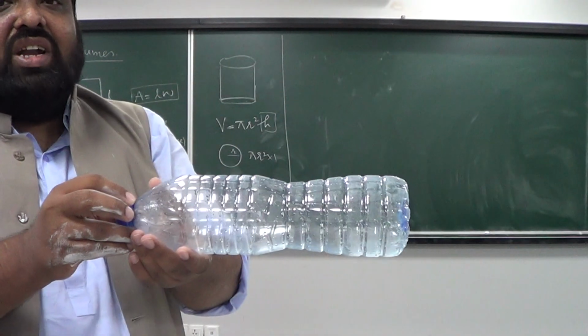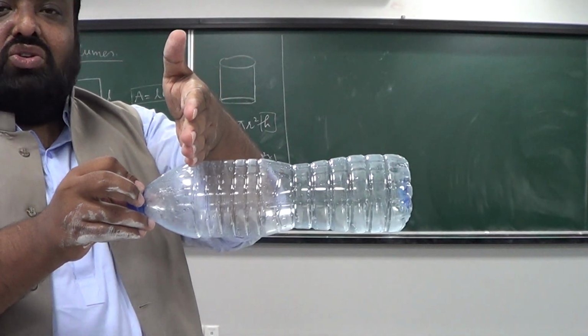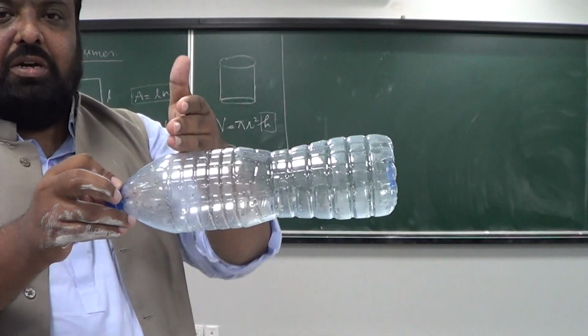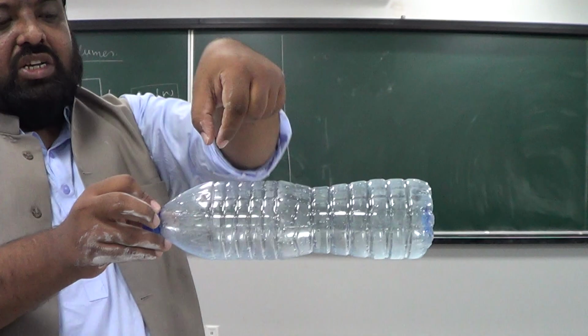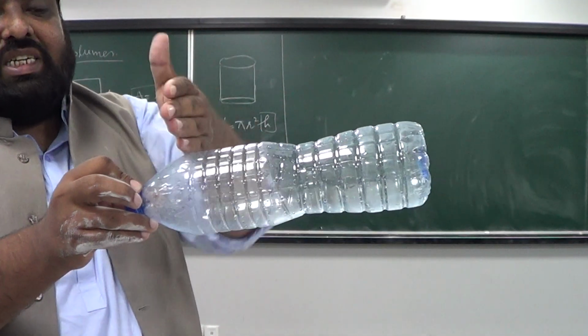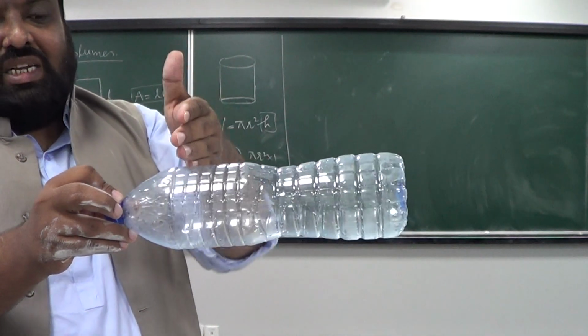Now in order to compute the net volume, I can slice this bottle into pieces. Each ring here represents one slice.